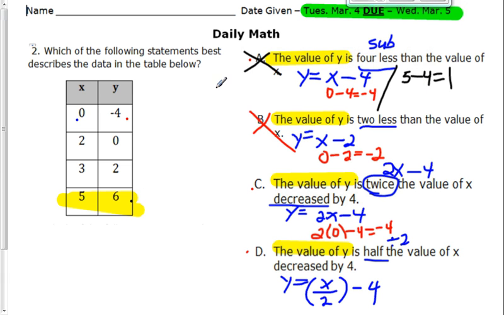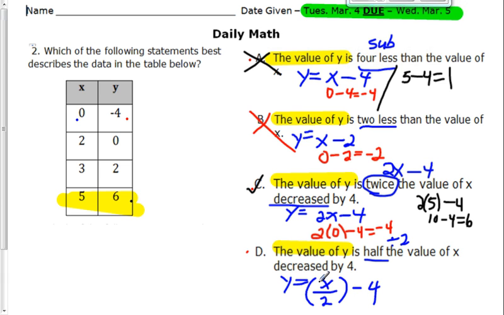I already got rid of B a while ago, so if I go down here, I have 2 times 5. 2 times 5 is 10, and 10 take away 4 is equal to 6. So that is correct.